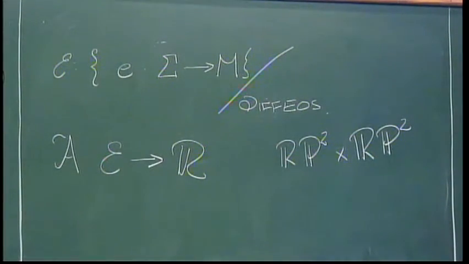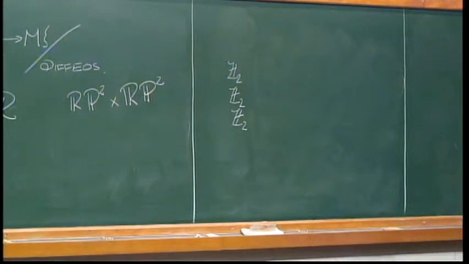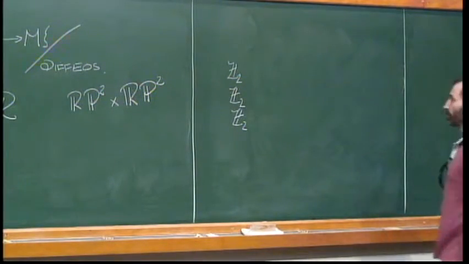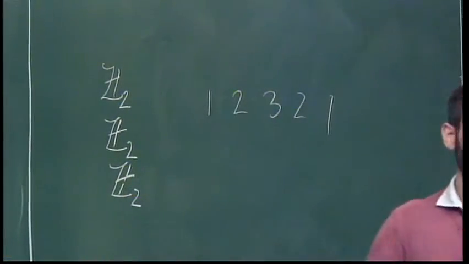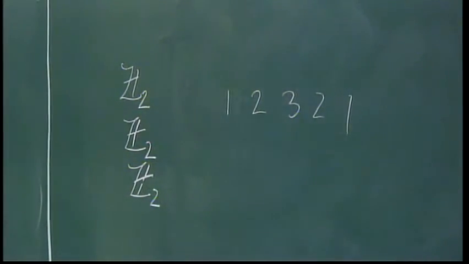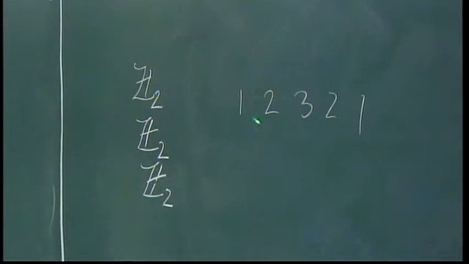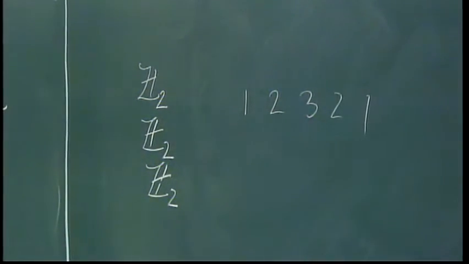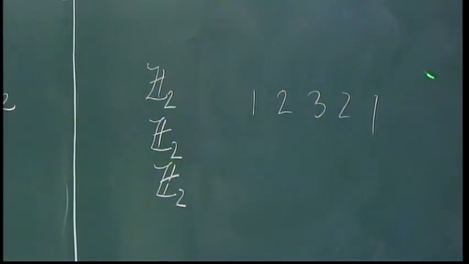It's Z2, Z2, Z2. There's 3 of those. You take the product of that, you get something which is 1, 2, 3, 2, 1. Sum of that is 9. So this tells us in particular that we should be expecting 1 stable minimal torus, 2 of index 1, 3 of index 2, 2 of index 3, and 1 of index 4.